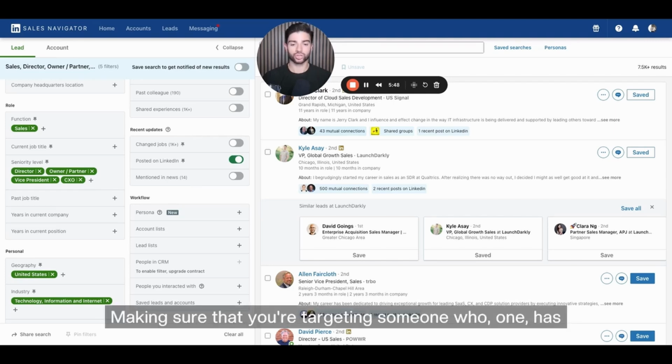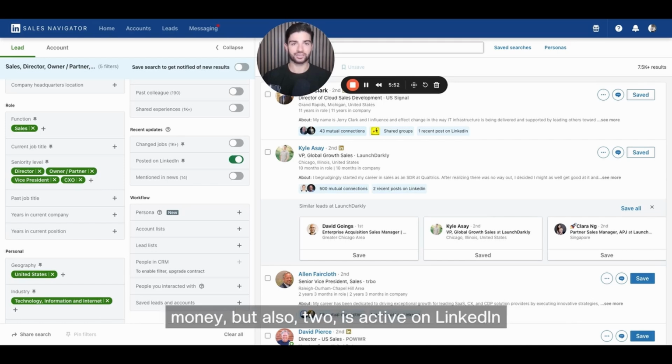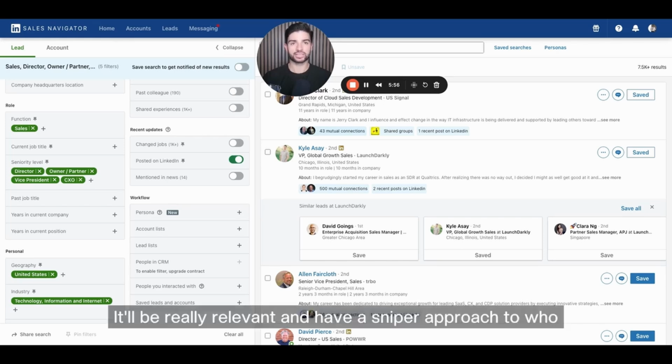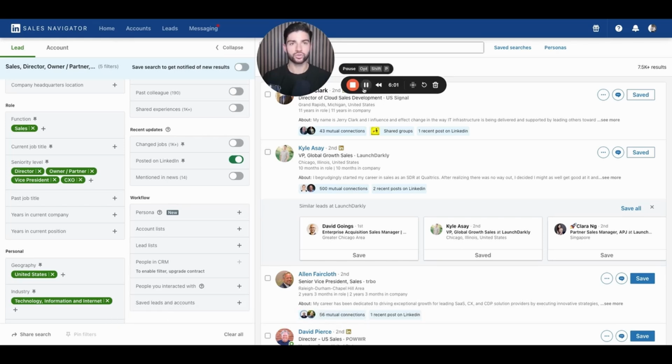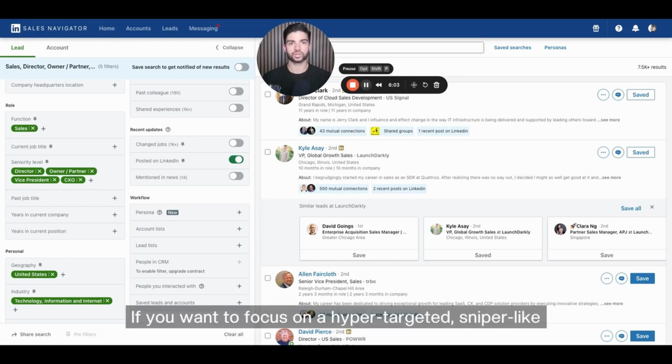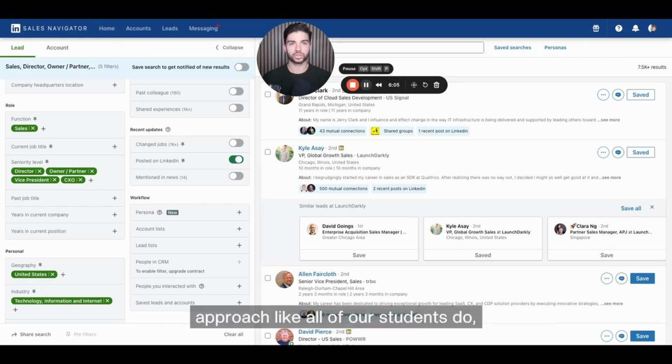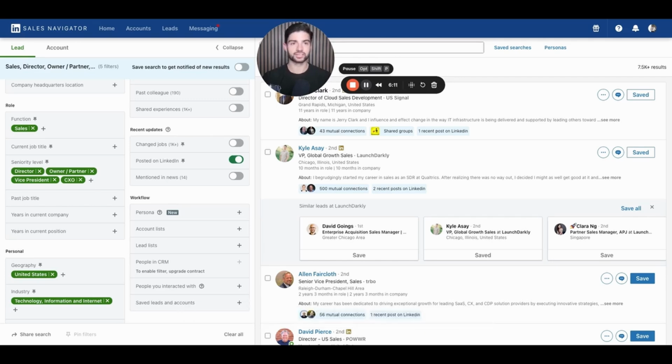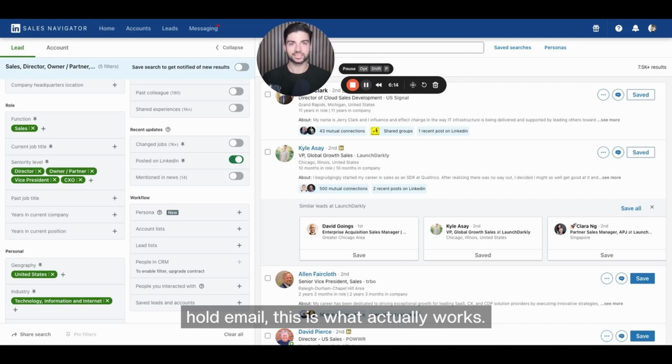So making sure that you're targeting someone who, one, has money, and two, is active on LinkedIn makes this strategy extremely effective. You'll be really relevant and have a sniper approach to who you're targeting to build your investor list. If you want to focus on a hyper-targeted, sniper-like approach, like all of our students do, rather than the spray and pray model of going to networking events and cold email, this is what actually works.